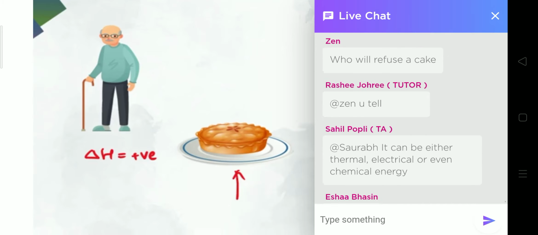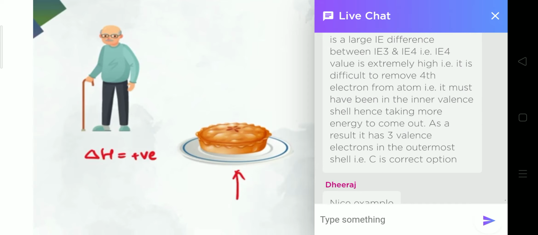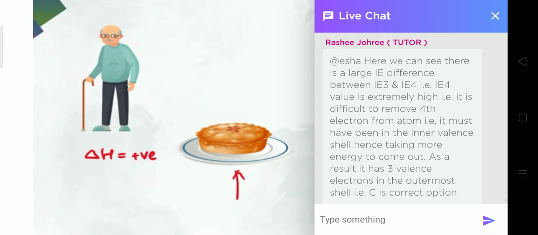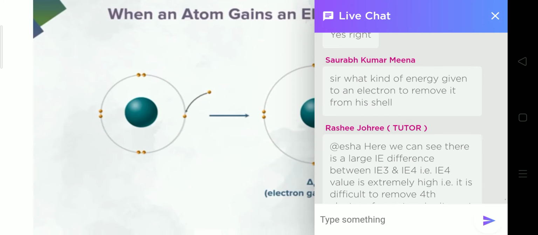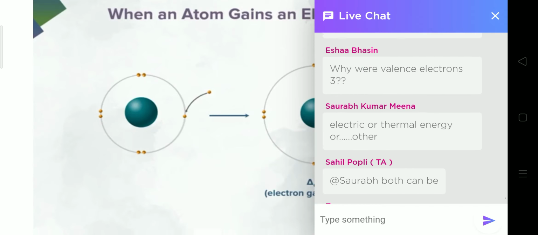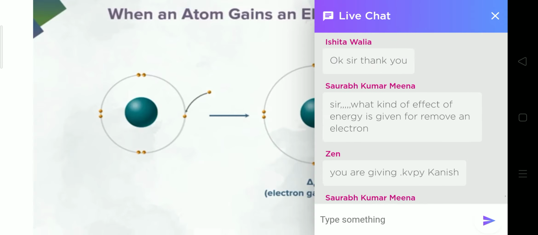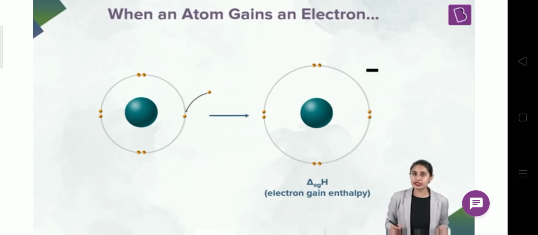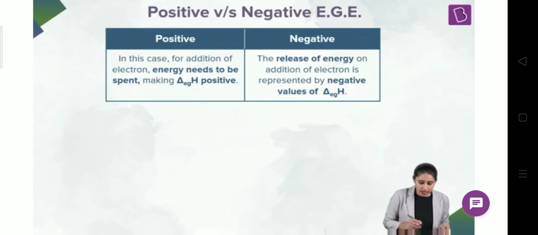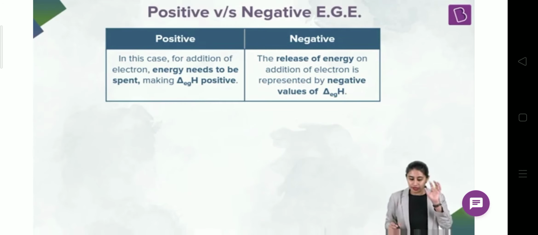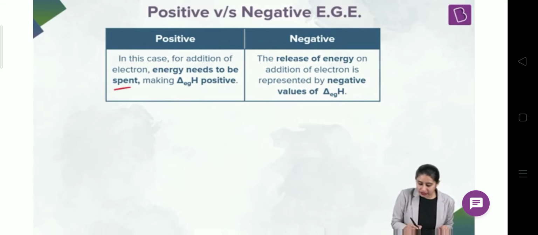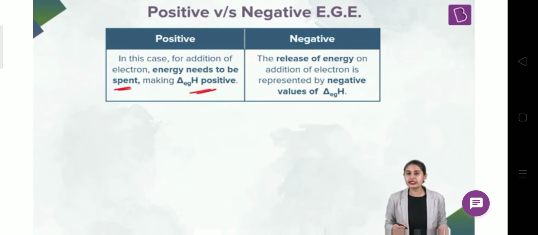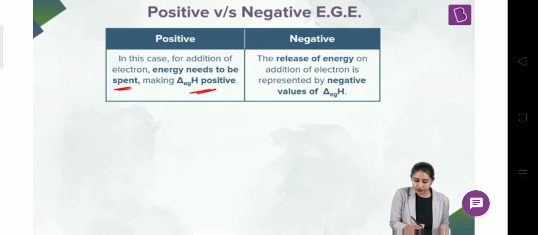Okay, so let's now draw a parallel with the electron gain enthalpies example that I've just given you. I just told you that what we are doing is giving an atom an electron and making it negative. So we can have positive electron gain enthalpy and negative electron gain enthalpy. Let's understand both one by one. In case of positive electron gain enthalpy, energy needs to be spent, and hence enthalpy delta H. How do we write it?